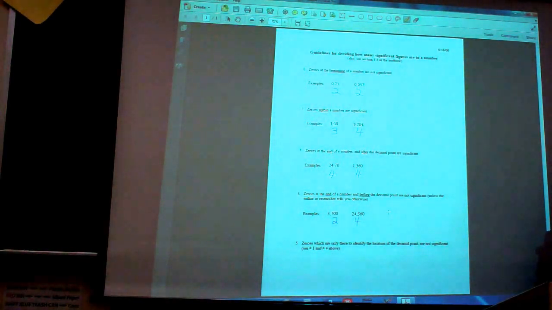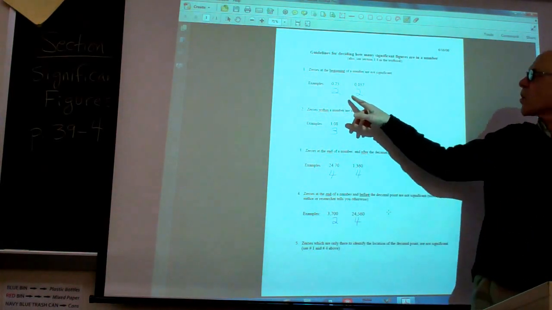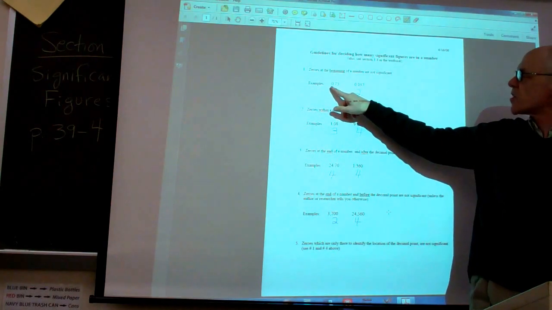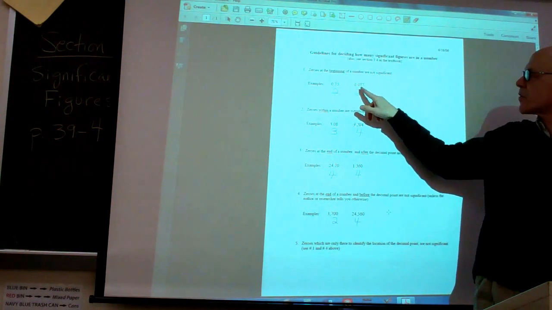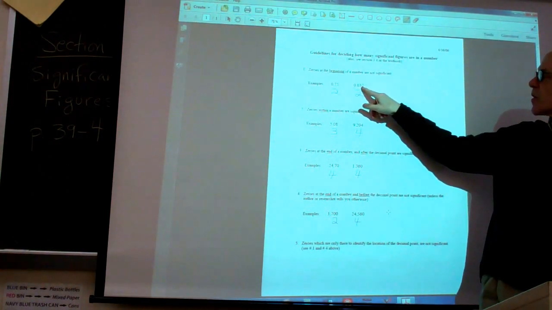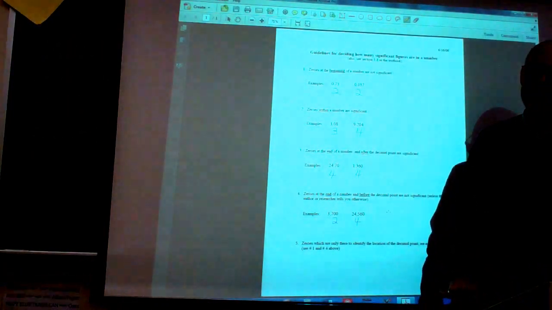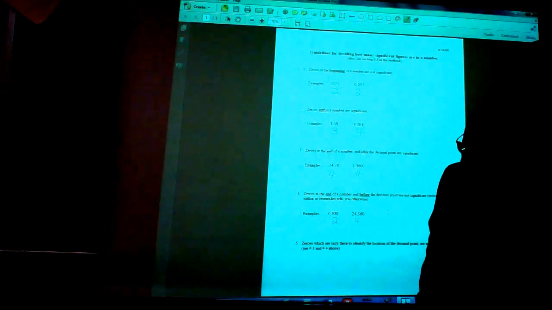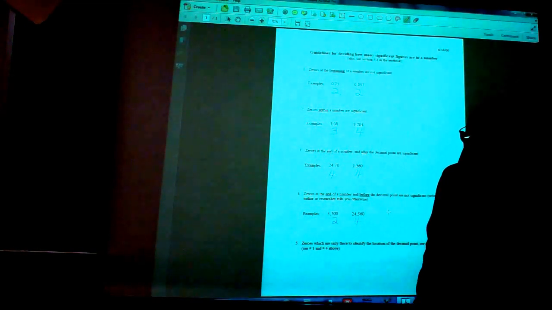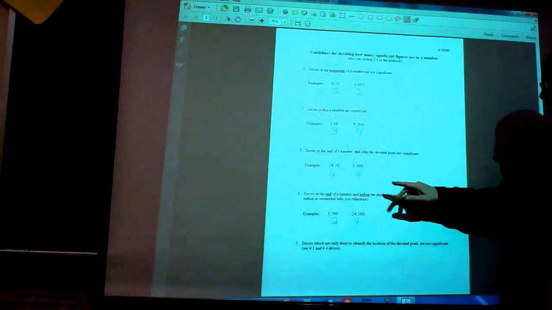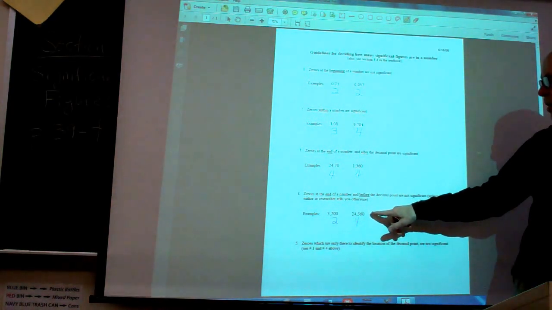So what does that mean? Let's go back to number 1. What we're assuming here is that the 0 at the beginning of 0.75 and the 0.0 at the beginning of 0.037 are really just there to help you identify the location of the decimal point. But they did not really enter into the measurement itself. They're not considered significant.